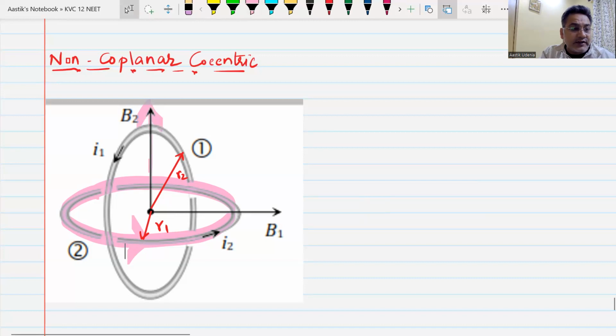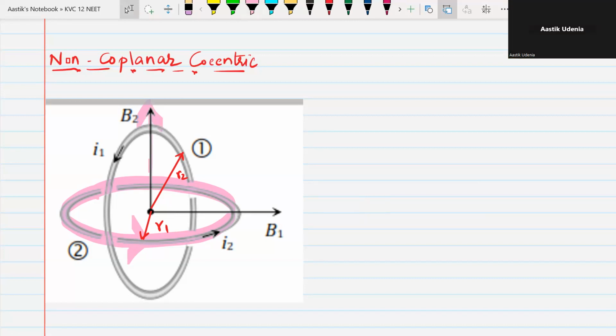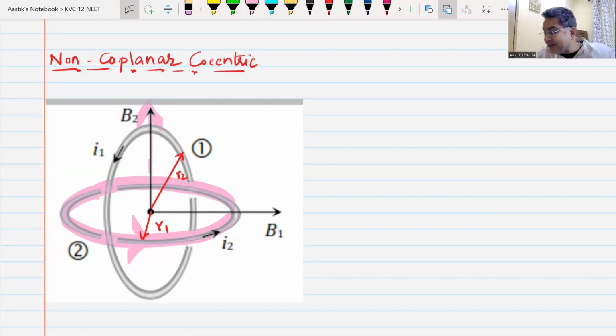Yes, sir. Pink coil, upwards. We get this.